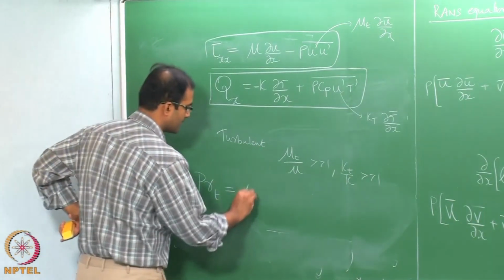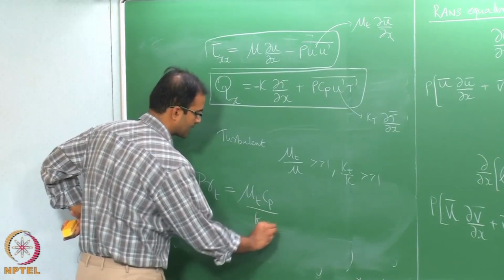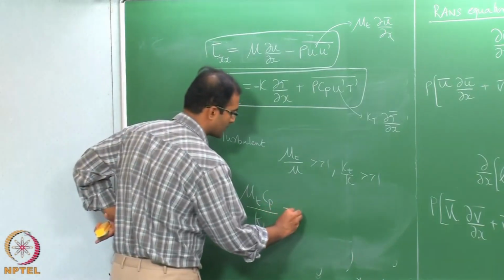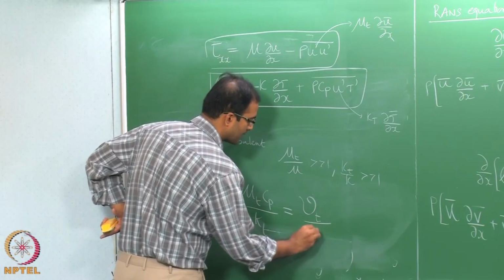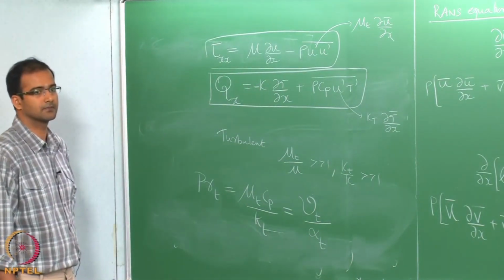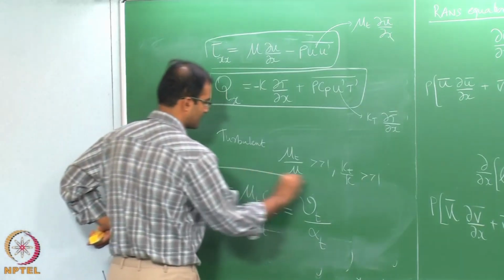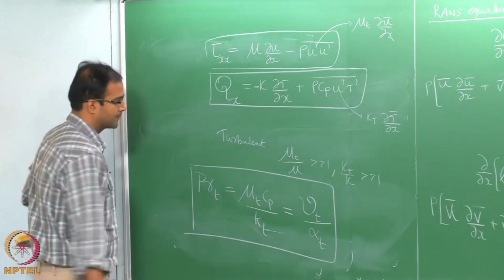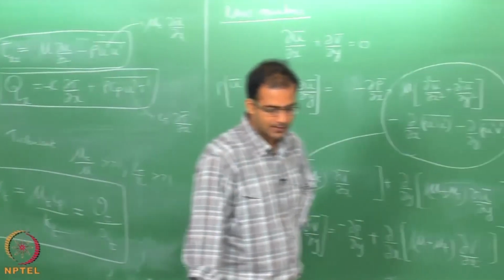That is your mu t Cp by k t, or the ratio of your turbulent momentum diffusivity to turbulent thermal diffusivity. Understand? So, this is your definition of turbulent Prandtl number. I hope this part is clear.